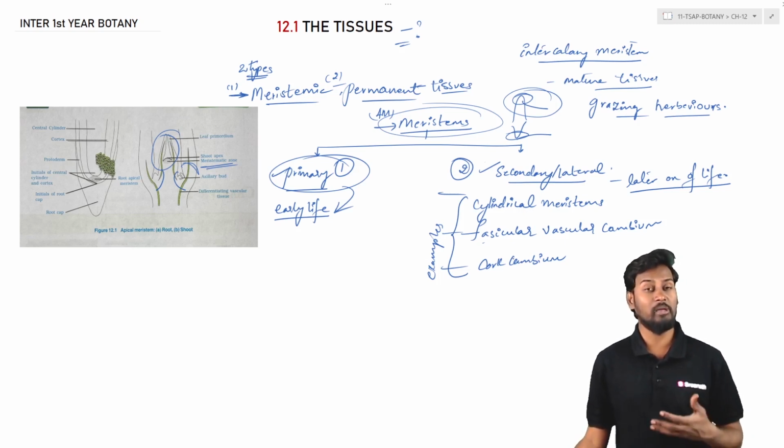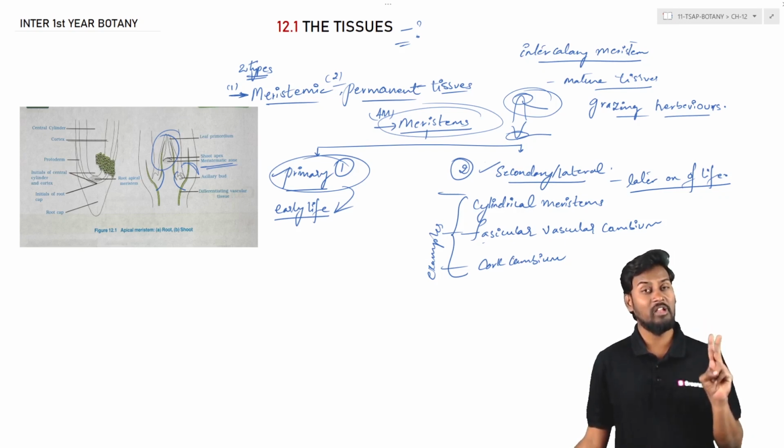వాస్కులర్ కేంబియం కానీ, లేకపోతే కార్క్ కేంబియం కానీ, ఈ మూడు దీస్ ఆర్ ద బెస్ట్ ఎగ్జాంపుల్ ఫర్ ద సెకండరీ ఆర్ ద లేటరల్ మెరిస్టెమ్. సో మనం ఇక్కడ గుర్తుపెట్టుకోవాల్సింది ప్రైమరీ మెరిస్టెమ్ is the one which is involved in supporting the primary form of life in the plant.